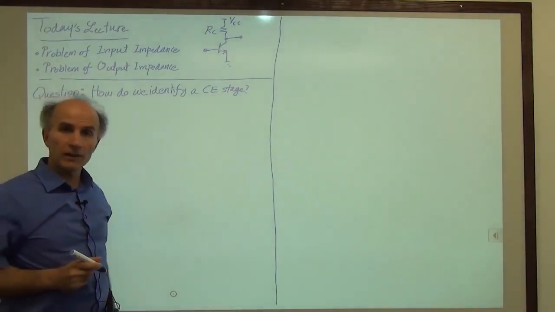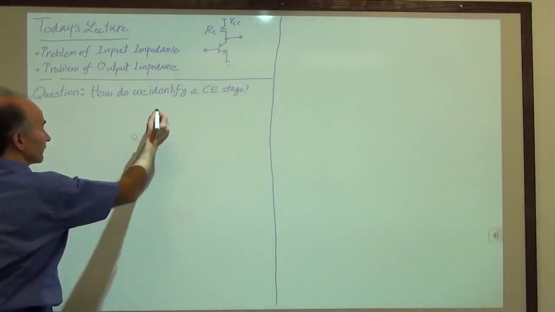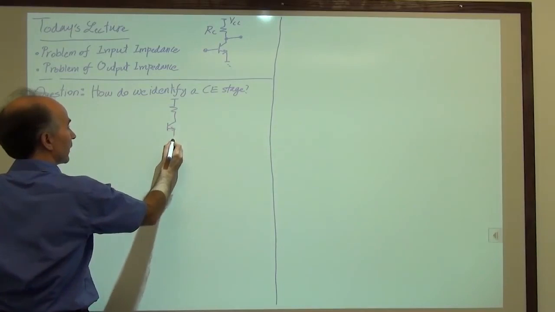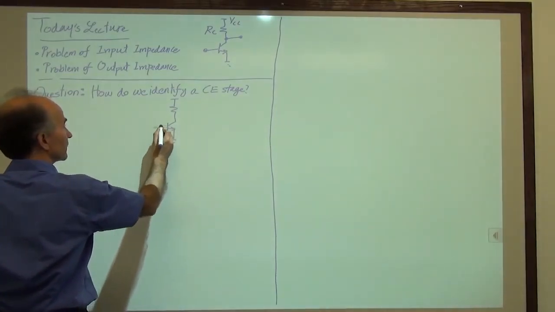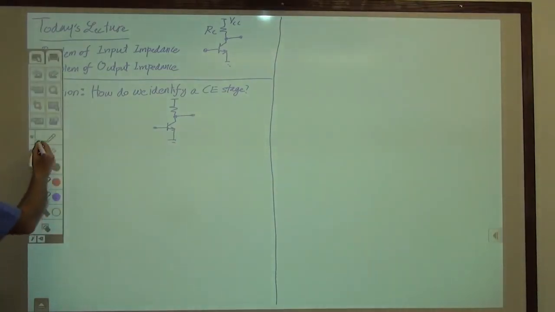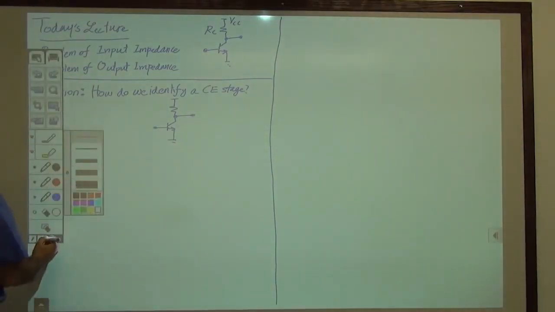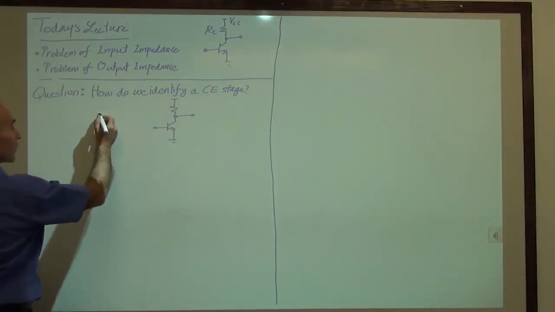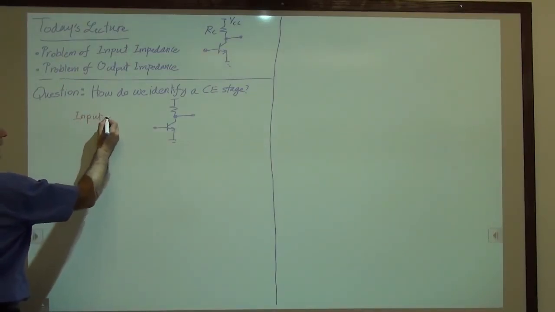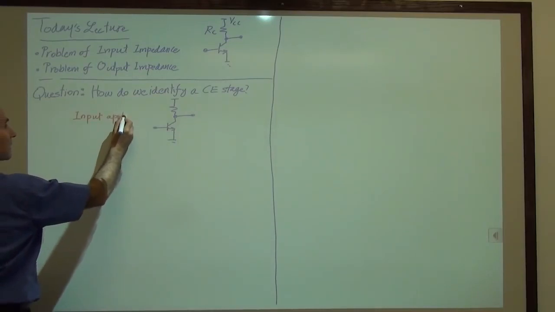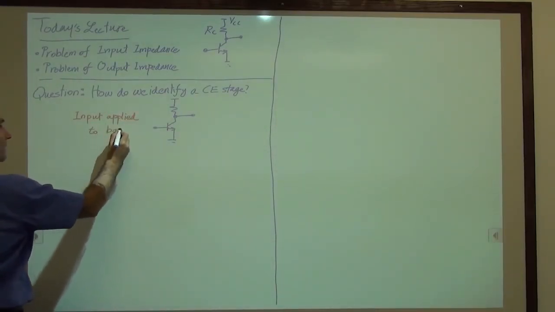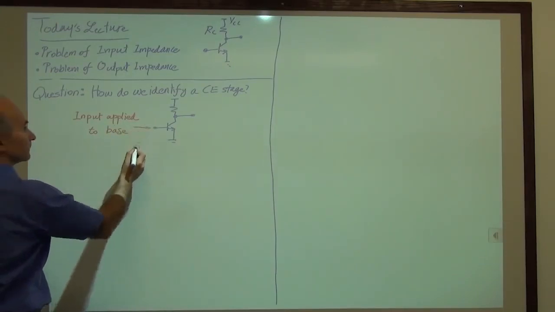So a CE stage is defined as follows. I will draw it and I will show you how it's identified. So let me change the color of my pen to emphasize. So we say input applied to the base right here.